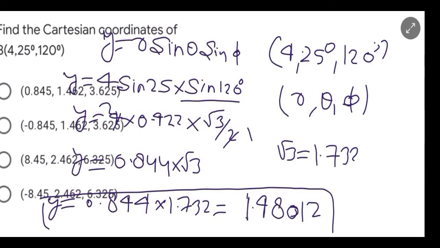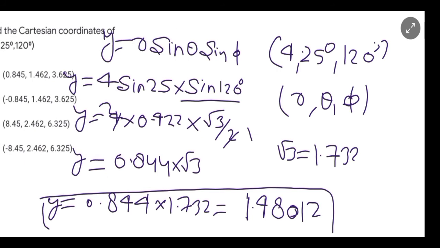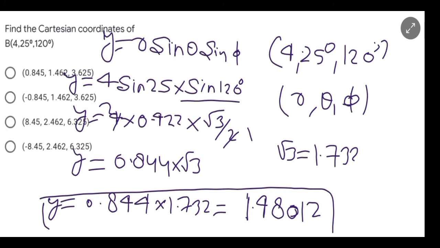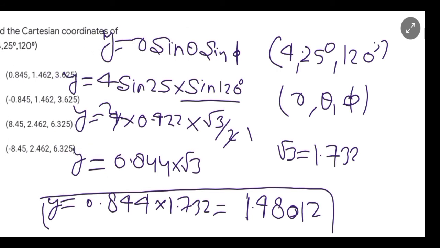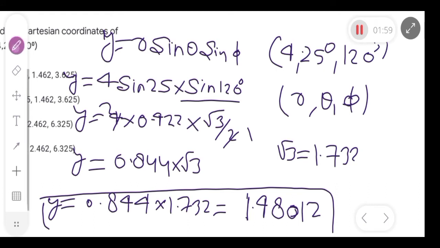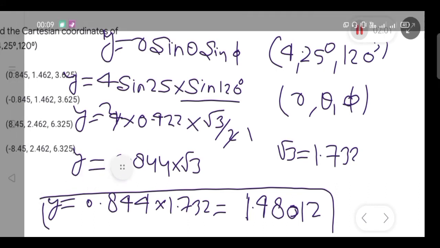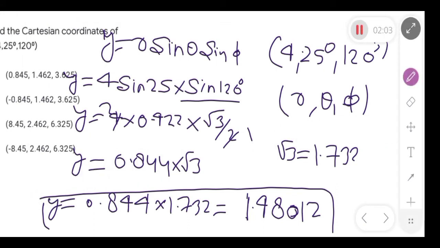Now we can match the value of y, which is approximately equal to 1.46. Okay, similarly we can find the value of z. Now the values of x and y match, so the second option is correct.